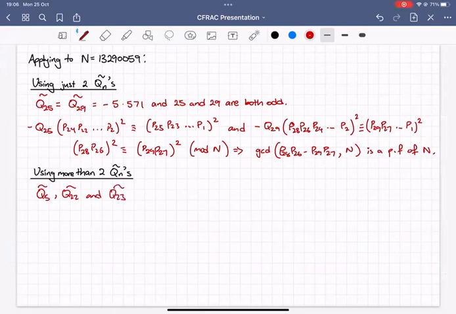And this time we get minus Q5, P4, P2 squared, and then congruent to P5, P3, P1.